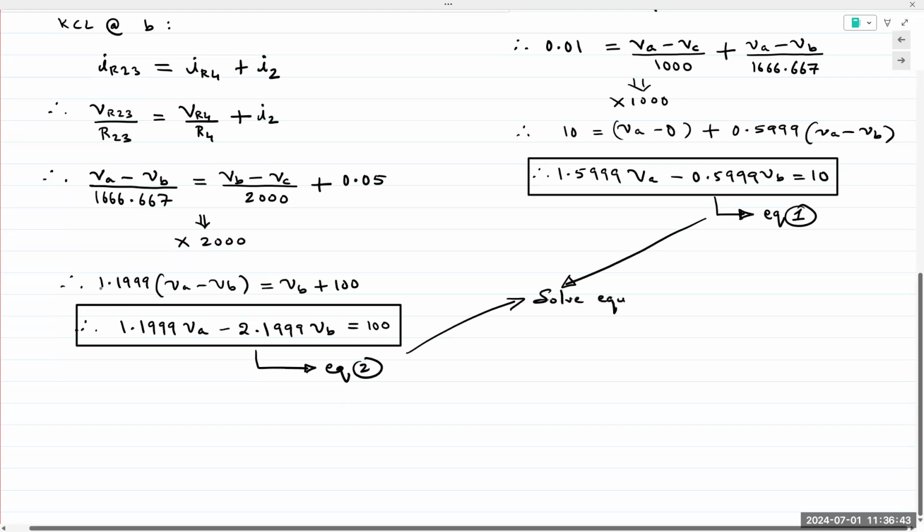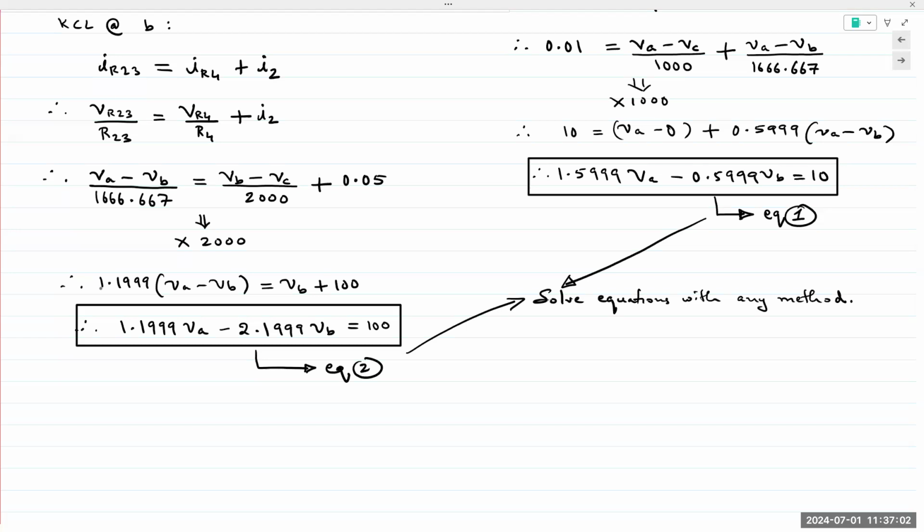Solve the two equations with any method you choose. Program it into your calculators, solve them manually, use MATLAB, it doesn't really matter how you want to solve it.